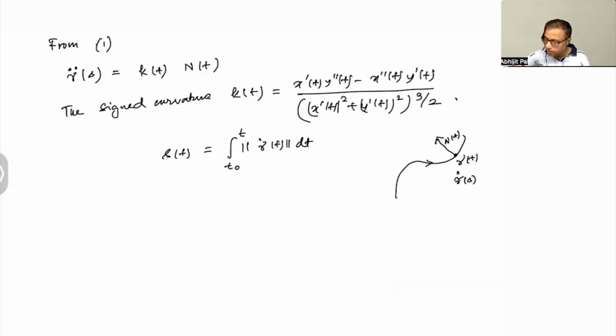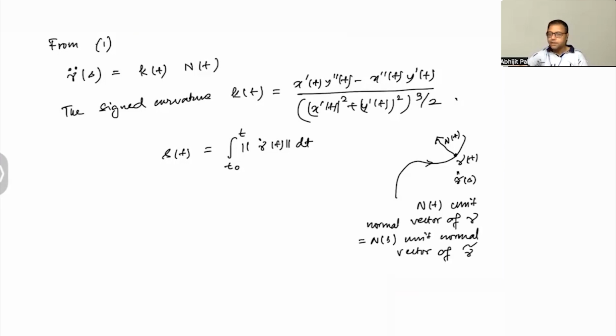So NT is the unit normal vector of gamma, which is equal to NS, the unit normal vector of gamma tilde.